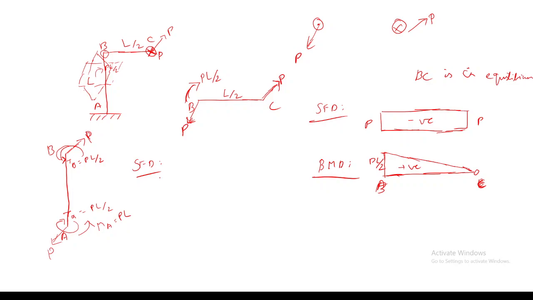See, due to this force P, you are getting a bending moment at point B when you are considering only member BC alone. You have a bending moment along this horizontal plane, P into L by 2.